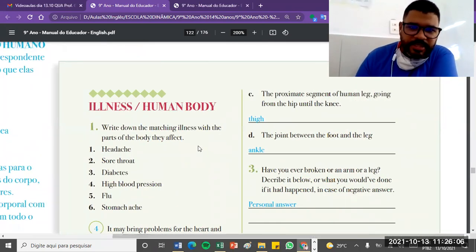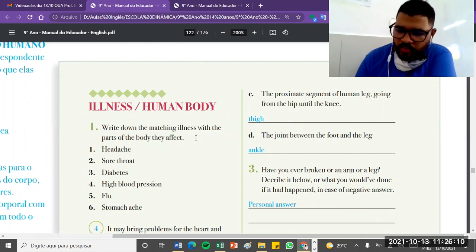So illness and human body were the last exercise we had for homework. For this, we had to write down the matching illness with parts of the body they affect.